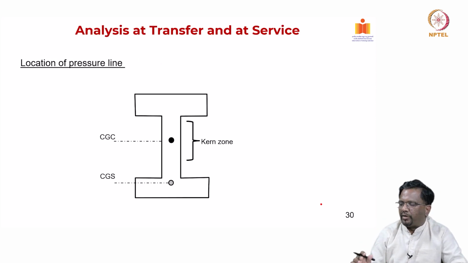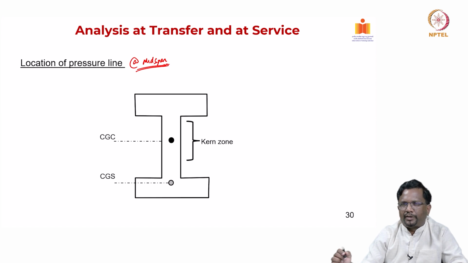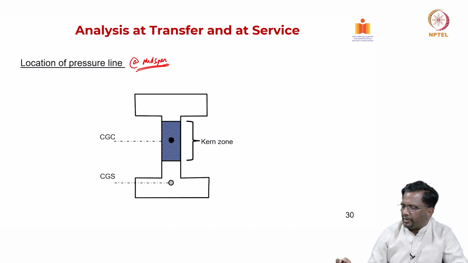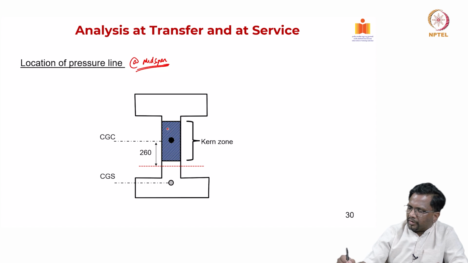So, if you plot the location of your pressure line, this is again at mid span, where the maximum moments are acting. This is your CGC, and this is your Kern zone. What is the Kern zone? This is 243.4 or something.